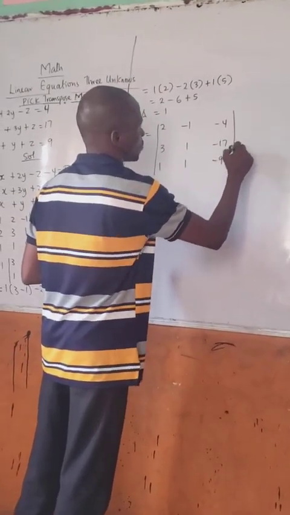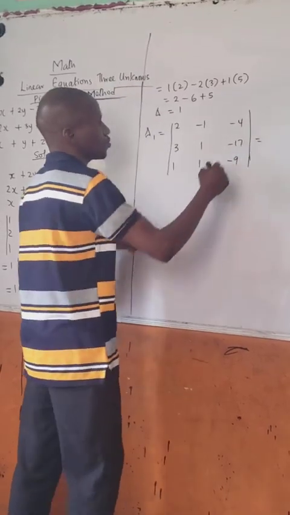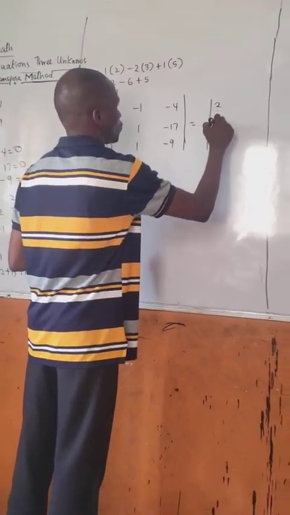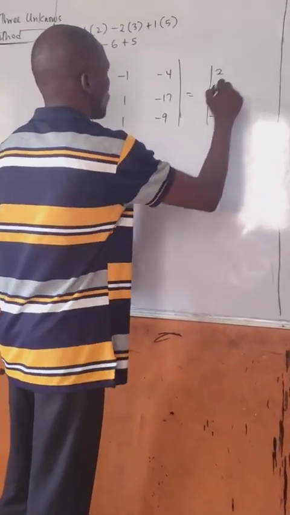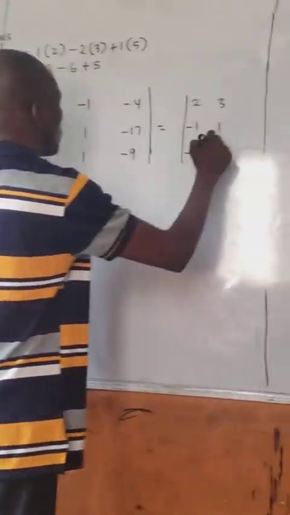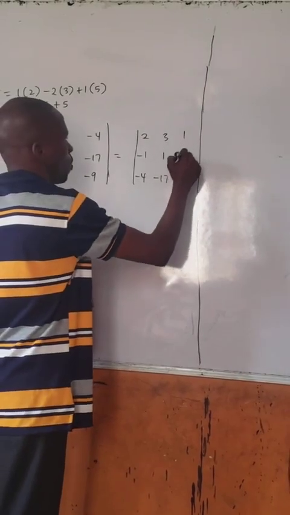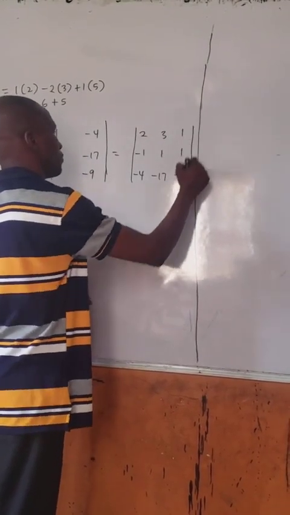Now the next thing, let's look for the transpose. The transpose is going to give us 2, minus 1, minus 4, 3, 1, minus 17, 1, 1, minus 9.